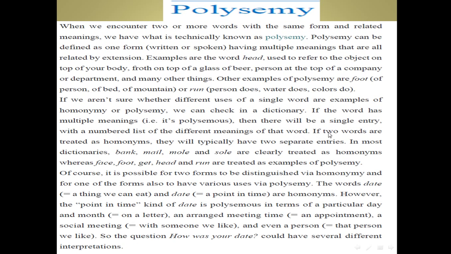If two words are treated as homonyms, they will typically have two separate entries. In most dictionaries, bank, mail, mall and soul are clearly treated as homonyms, whereas face, foot, get, head and run are treated as examples of polysemy.